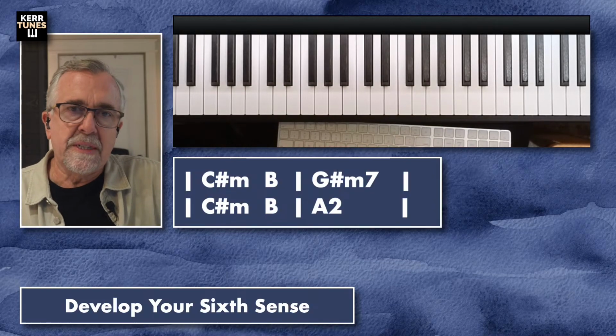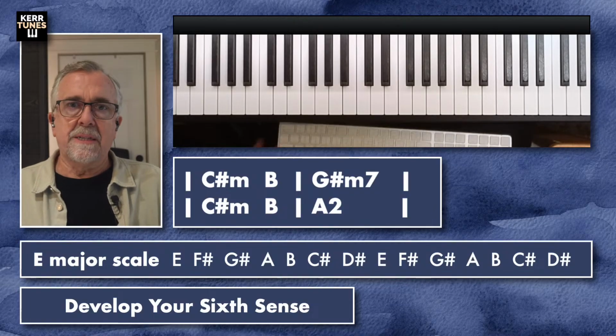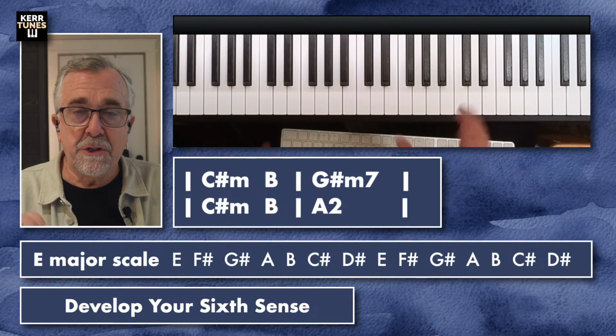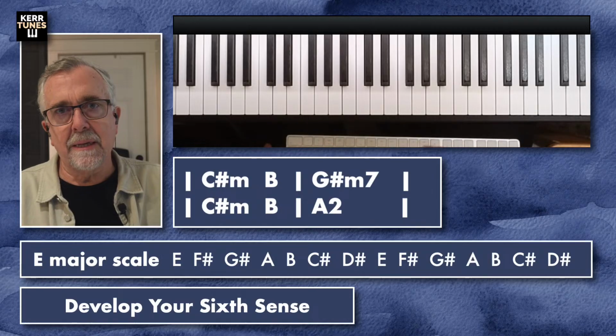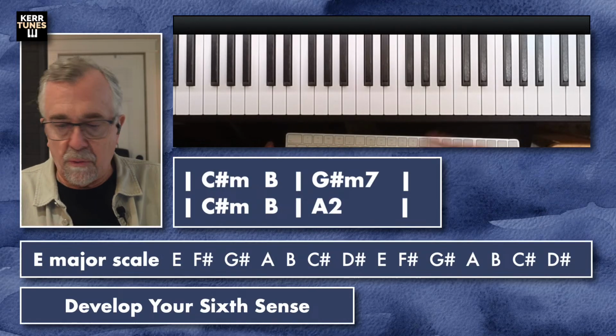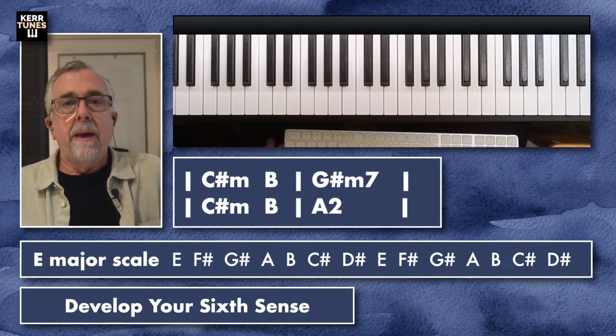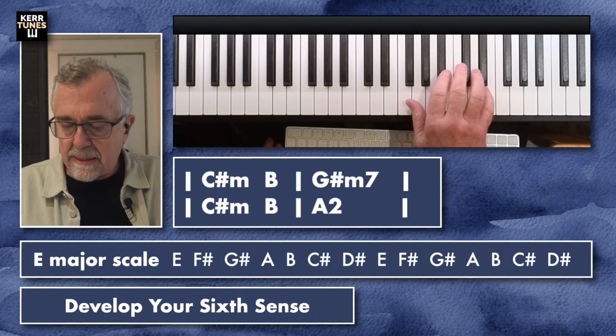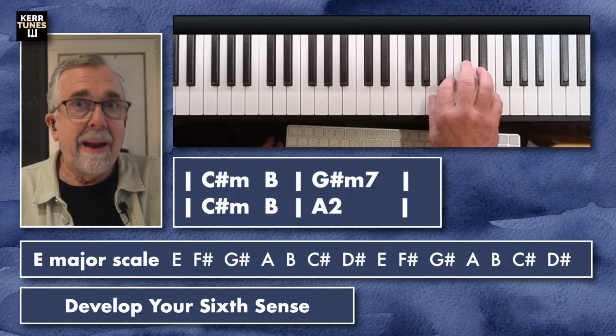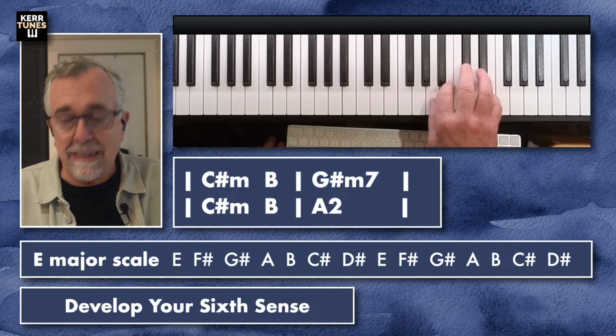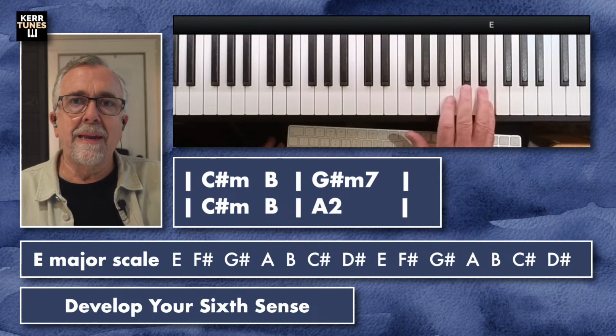Now I'm going to show you the scale of E major because it's going to matter as I show you how the interval of the sixth can be used with great benefit in the music you create live. Now, the interval of the sixth is what you might expect it to be. It's got a sixth involved, and the sixth is basically found if you play any note in the scale.